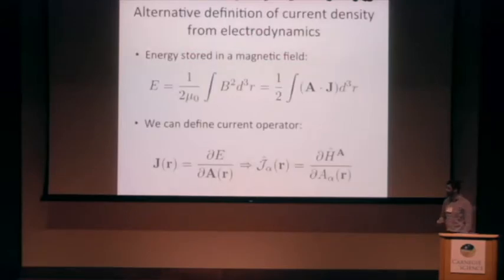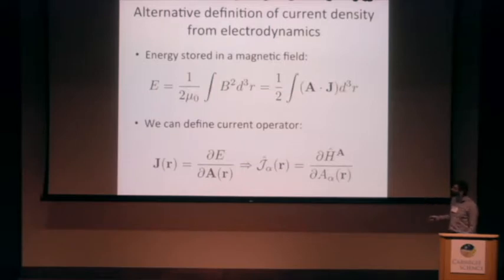The way that we obtain this alternative definition is, again, from classical electrodynamics. We know that we can write the energy stored in a magnetic field in the following way, and we can relate this to a product between a vector potential and the current density.